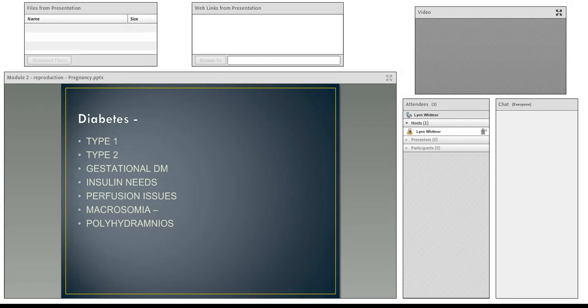One of the biggest risks to diabetic babies, because they get a lot of sugar, remember sugar crosses the placenta but insulin does not, is that they get very fat. But it isn't that they get total body fat, they get fat in their trunk. Hence the word macrosomia, macro for large, soma for body. They get large bodies, and their head and their chest are the same size.